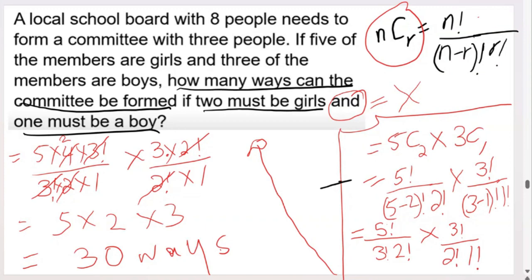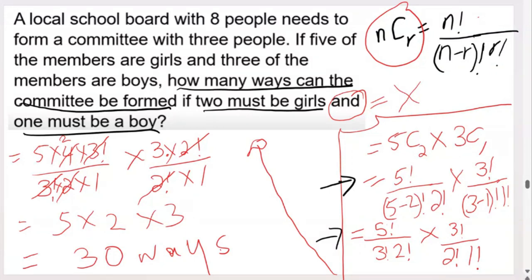Do you have this step correct? Yes, I get it. The next one is 5 factorial divided by 3 factorial times 2 factorial, times 3 factorial divided by 2 factorial times 1 factorial. This step I have. The next step.